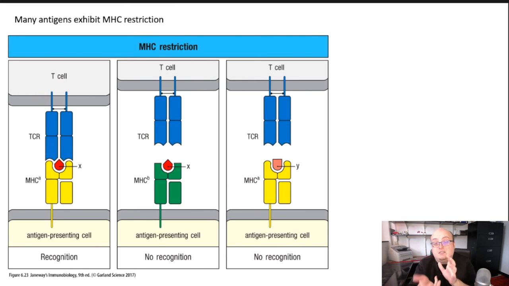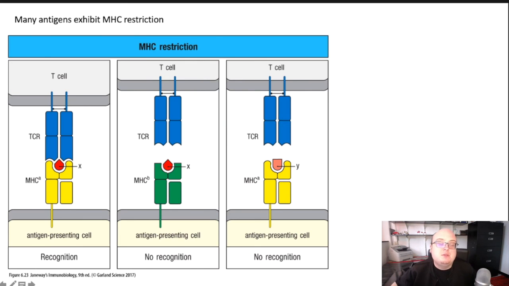They just don't mesh together. And so that version of MHC is not going to be able to hold on to that antigen very well. The affinity is going to be too low. That means that you might just need a different type of MHC with a slightly different shape, and hopefully it can grab on and then present the antigen.